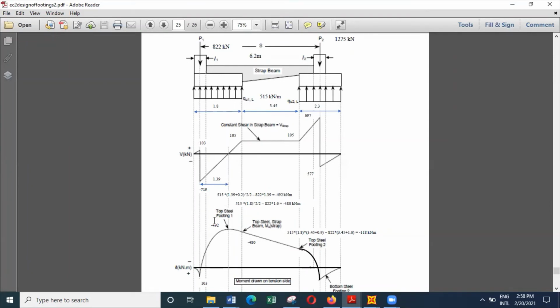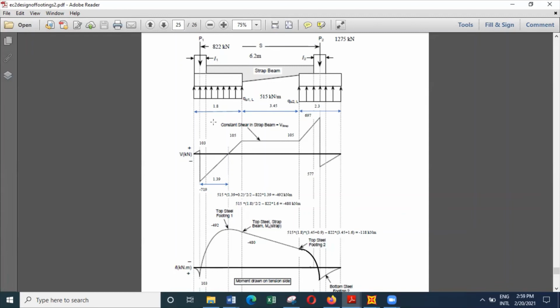So we need top steel in the footing. So here we have to provide some top steel, and this top steel can be found to resist this bending moment. And you know that this particular bending moment acts here somewhere close to this. So this particular reinforcement may need to be bent downwards and anchored, because generally we say the reinforcement should be continuous, at least an anchorage length from the critical section.